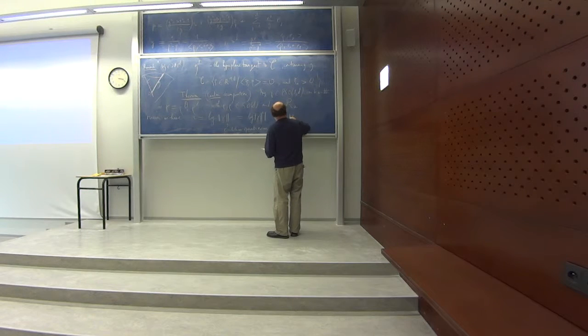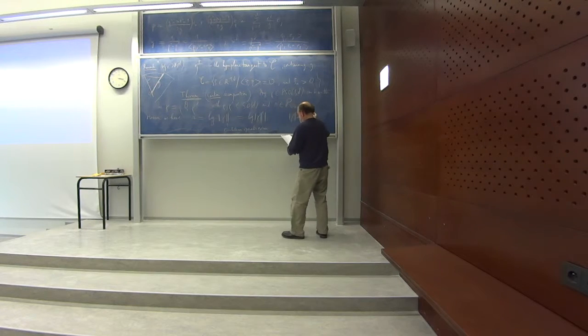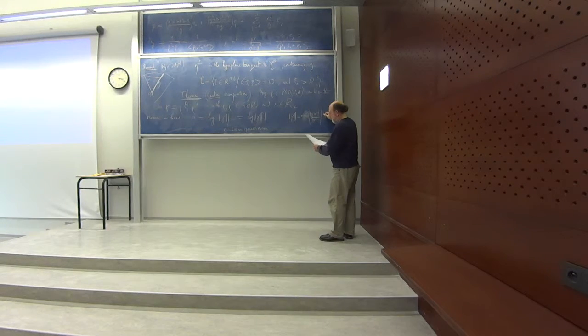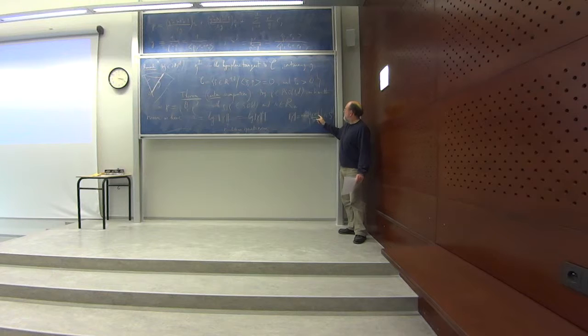So for gamma, this is the maximum of the norm of gamma V over V in SD, and here the Euclidean norm.